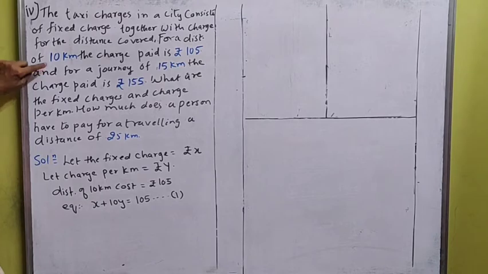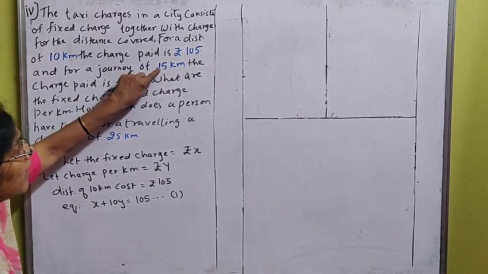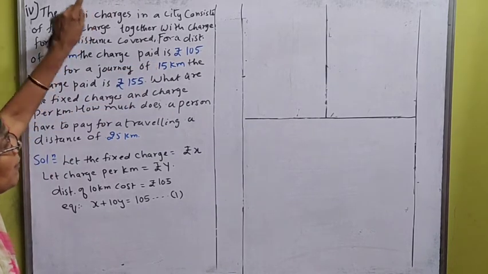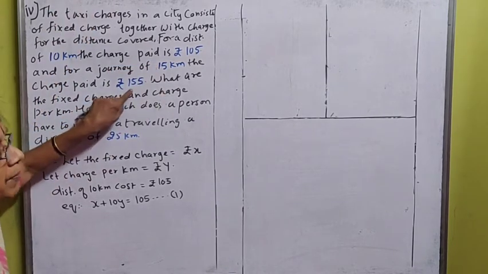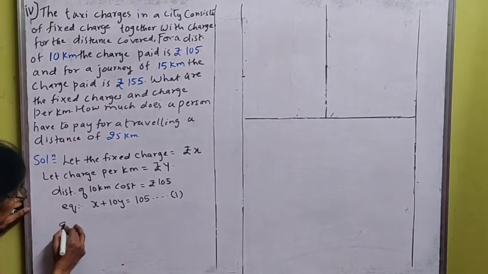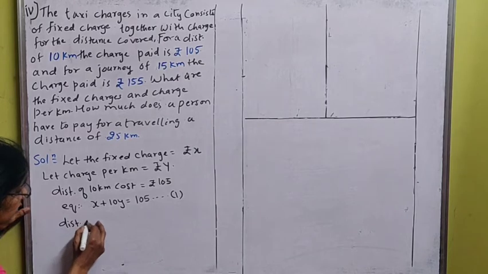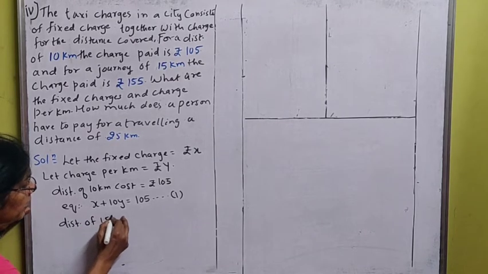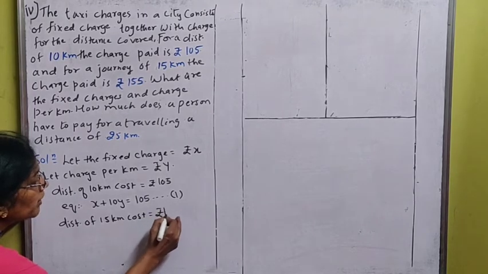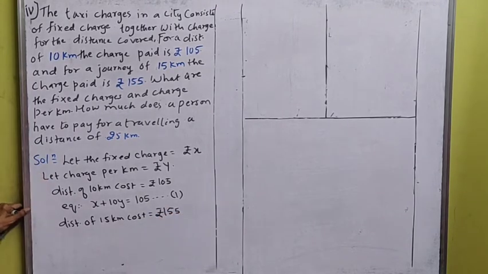Now suppose you don't go 10 kilometers, you are traveling 15 kilometers. For 15 kilometers, the fixed charge plus the charge per kilometer, the total amount you are going to pay is rupees 155.